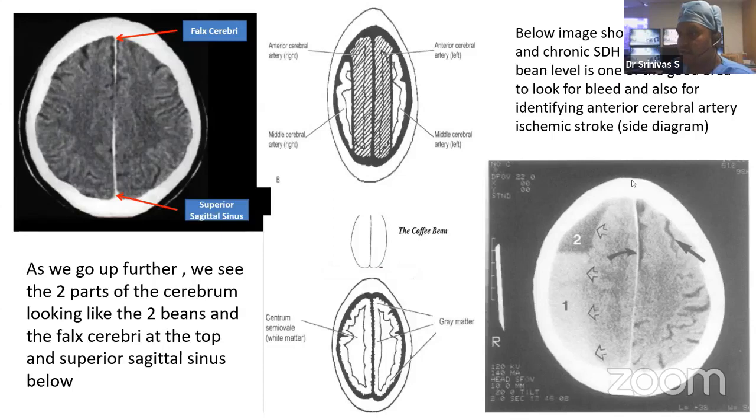But when the blood has been there for a long time, it becomes dark in color. So here you can see this is a chronic SDH and this is an acute SDH. Why is this acute SDH? Because of the brightness, that is the hyperdense lesion, and this is a hypodense lesion.